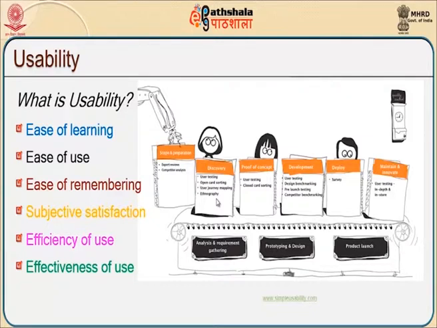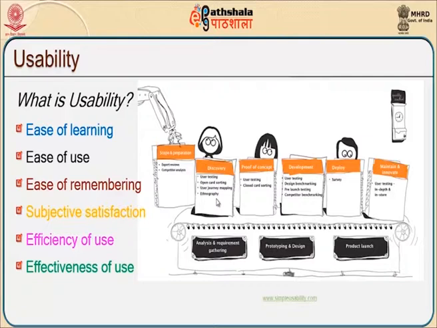Say in one window or one particular website, the logout button will be on the top right corner. In another window, the logout button will be somewhere in the middle, and in a third website, the logout button will be at the bottom. So usability becomes a very difficult task.